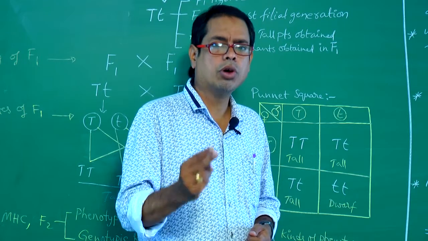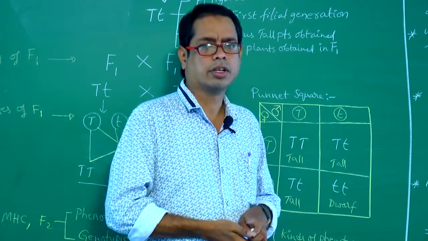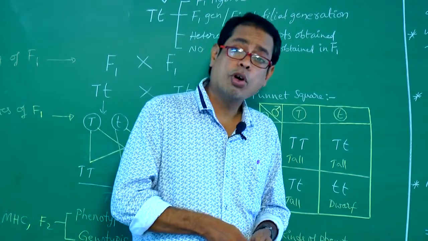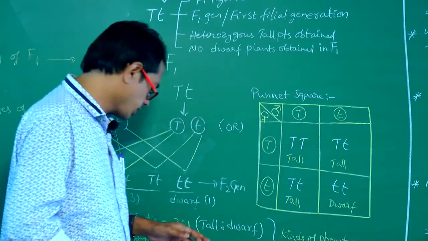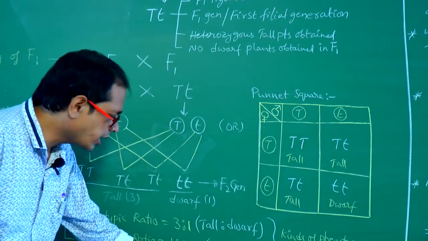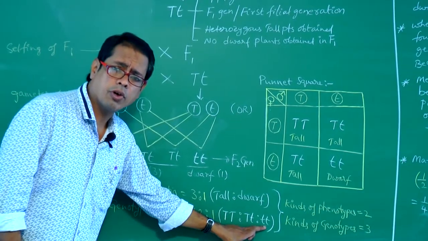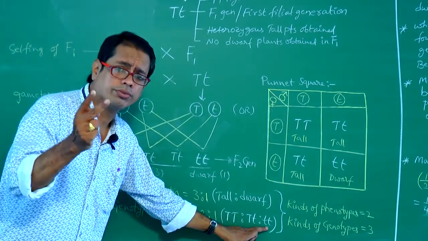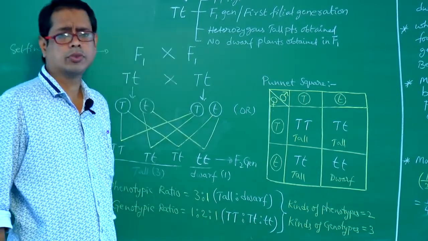Number of homozygous dwarf: 1. Number of homozygous plants in F2 means this is homozygous, this is homozygous, so 2. Number of heterozygous plants means 2.